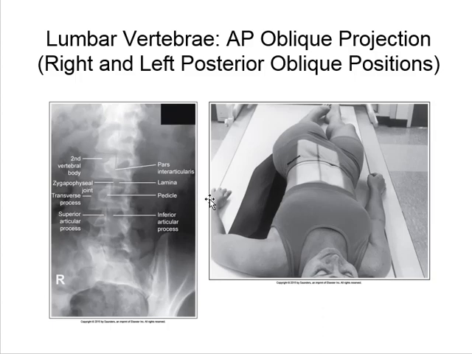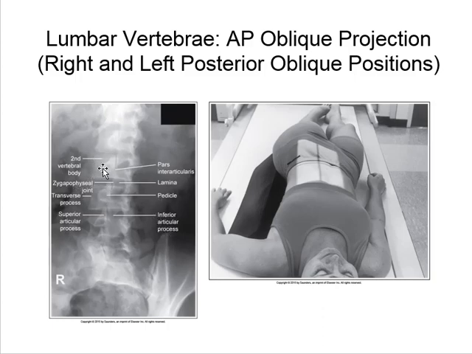So on image evaluation, we want to see the nose of the Scotty dog right up at the very edge of the vertebra. The one we're looking at there is the side closest to the image receptor. So if we're rotated towards the patient's right-hand side, as what we're seeing here, the right transverse process should be right at the edge of the vertebra.